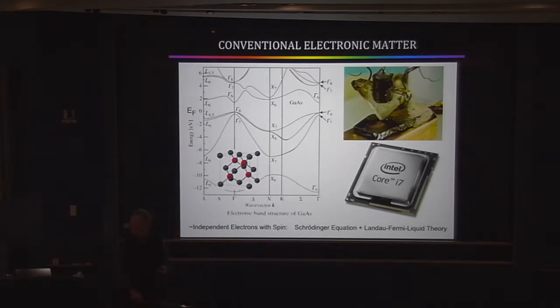At the level of physics, we're dealing with a picture where we have independent electrons, each of which has a little magnetic moment, and then the Schrödinger equation describes their wave-like properties, and then there's another theory called Landau-Fermi liquid theory, which shows why, under some circumstances, you can consider these electrons to be independent of each other. They just move through the crystal and ignore their colleagues.